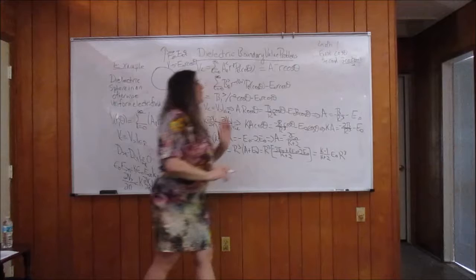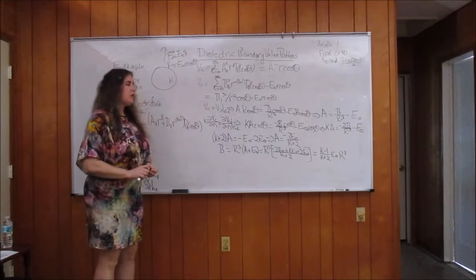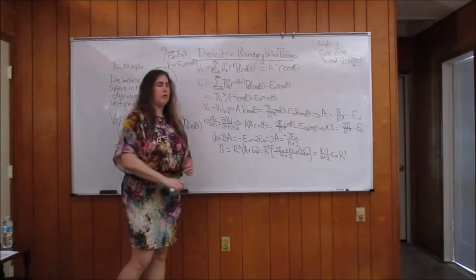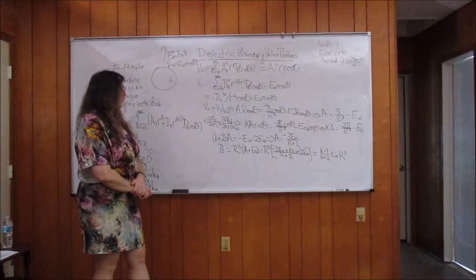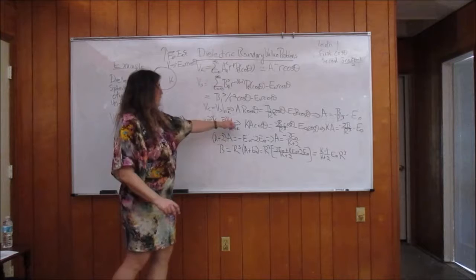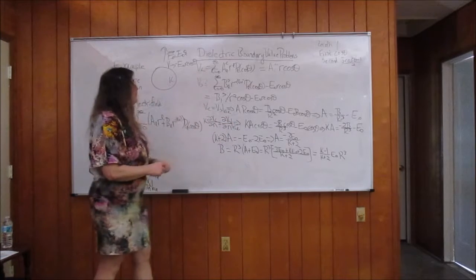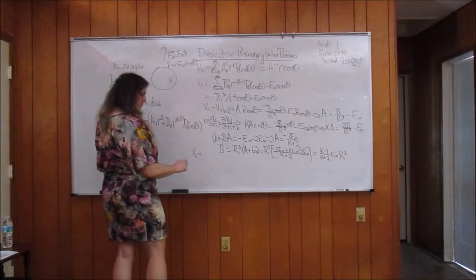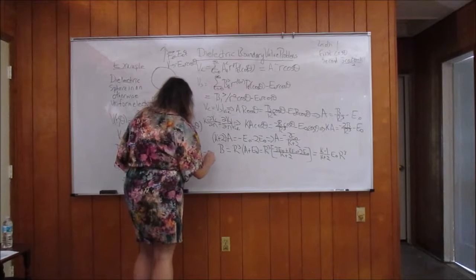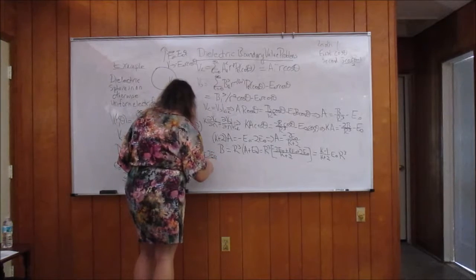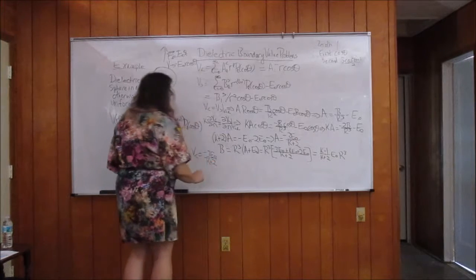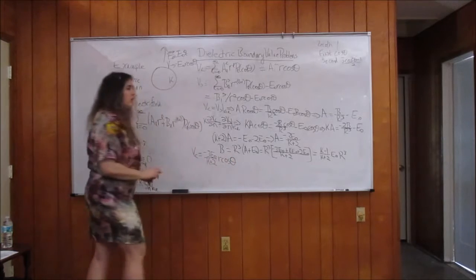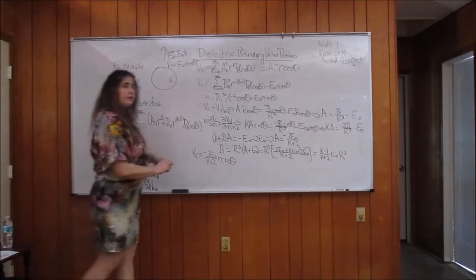And I wind up with coefficient B equal to K minus 1 over K plus 2 times E naught, the magnitude of the uniform electric field, times R cubed. Plug these two coefficients back into my expression, and therefore the interior solution is equal to minus 3 E naught over K plus 2 times R cosine theta.